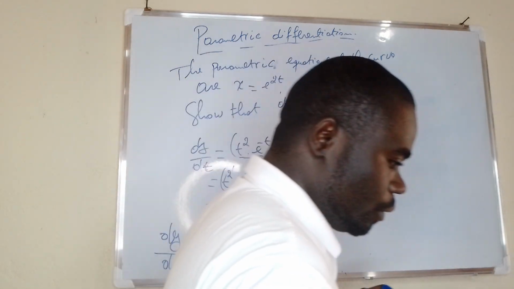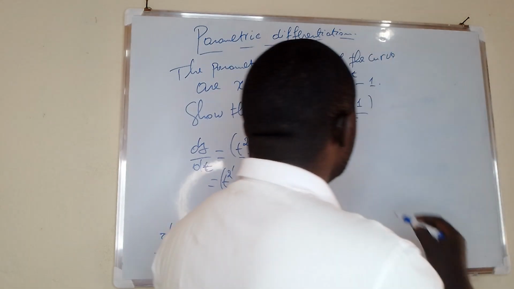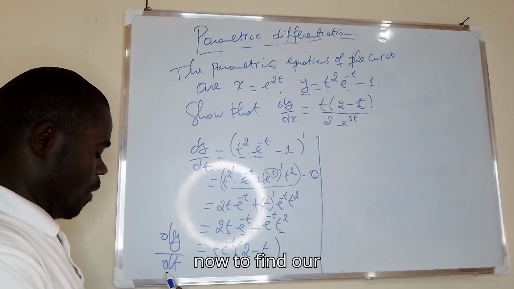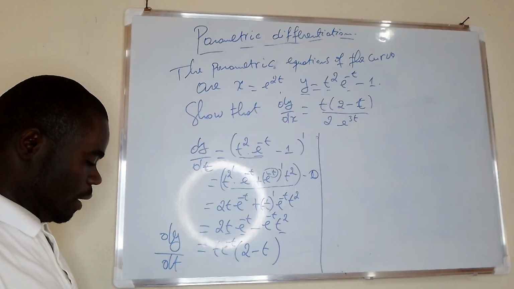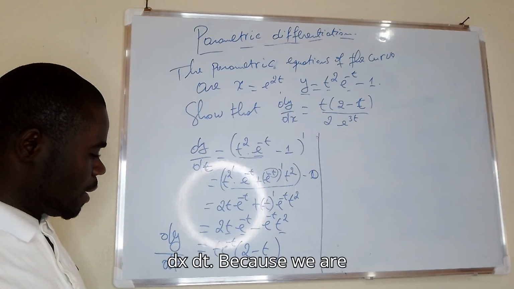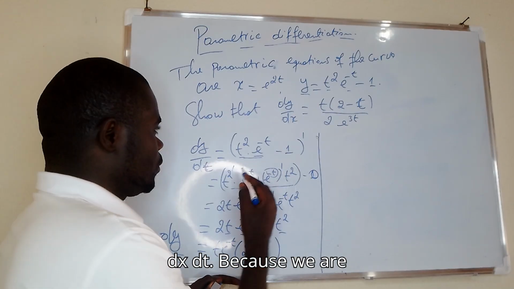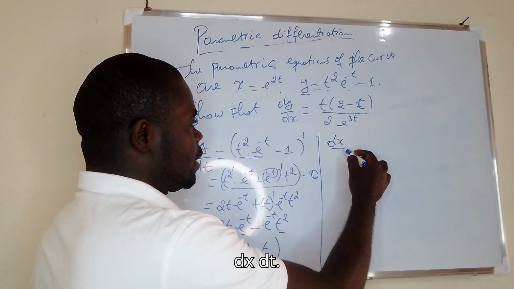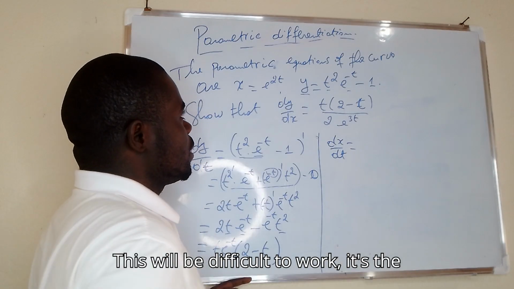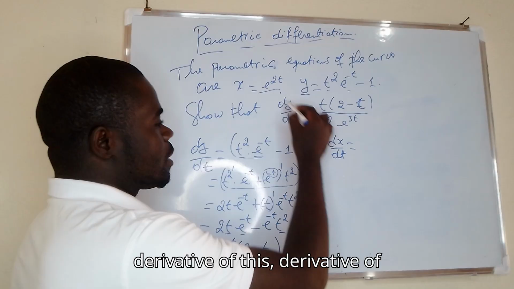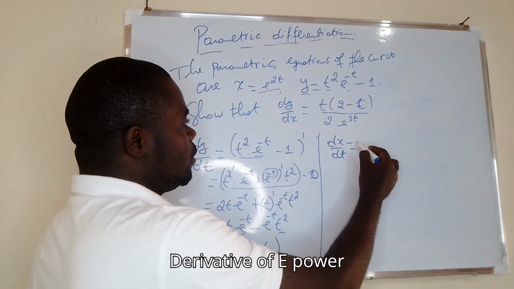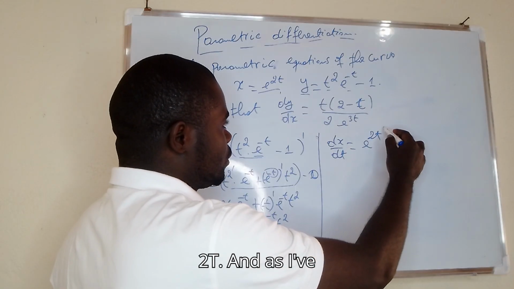We are going now to find our dx/dt, because we are finding dy/dx. This will be equal to what? It's the derivative of e^(2t).